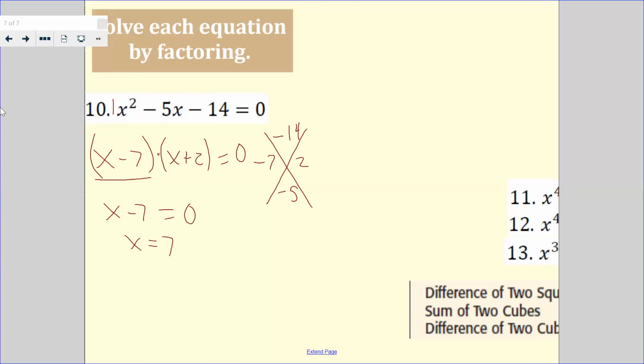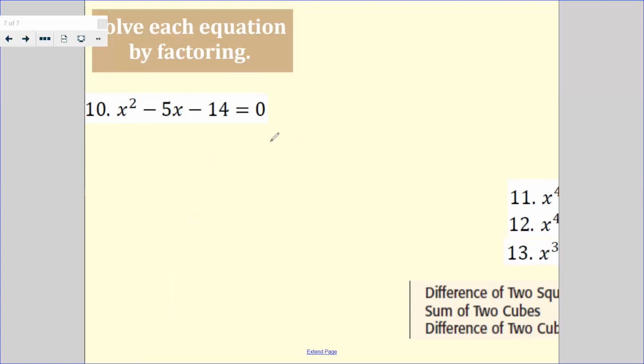So if I plug that in, 7 minus 7 is 0. 0 times, I don't even care what this equals. 0 times anything is 0. So that's how I'm getting that solution. And then x plus 2, we want to say what makes that parentheses equal 0. Well, that would be negative 2. So there are my 2 possibilities for that quadratic. That's what we've done in the past. Hopefully that's kind of review or comes back to you a little bit.